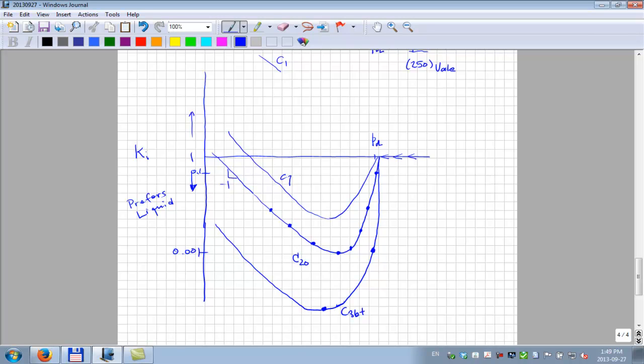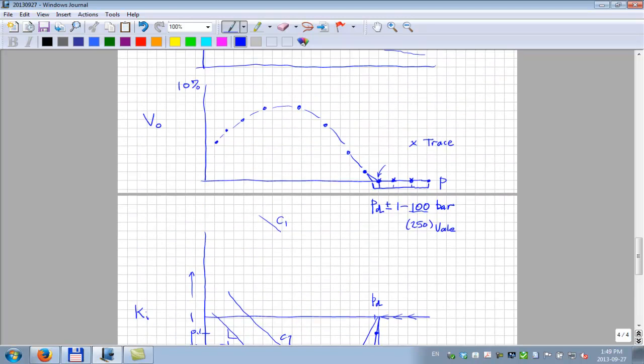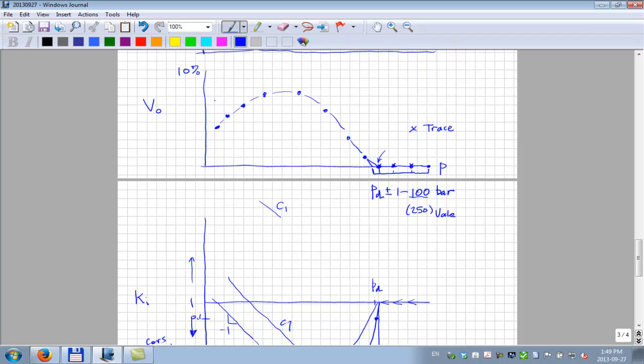Now the minimum occurs at maybe different pressures for the different components. But eventually you're going to reach some pressure where all of the components want to start going home again to the gas. As you go to lower and lower pressures, those components want to go back into the gas phase. So this region where it turns is basically where the K values of the heavy components turn the corner, turn around.